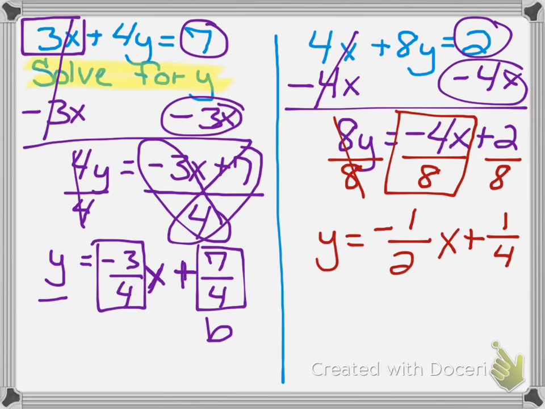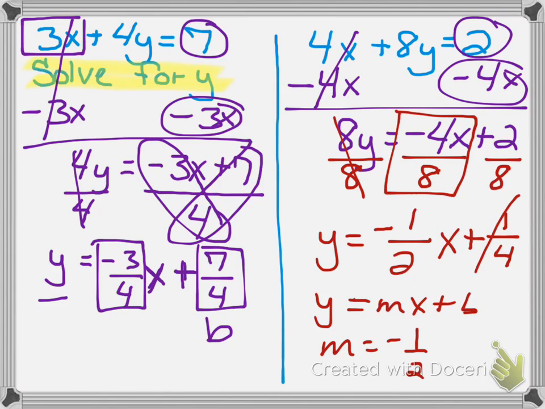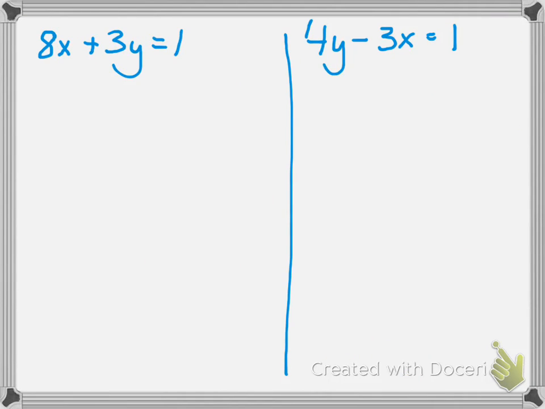Again, my y equals mx plus b. And my negative 1/2 is my m. And b is my 1/4. Again, solving for y, I'm going to take my 8 to the other side, my 8x.